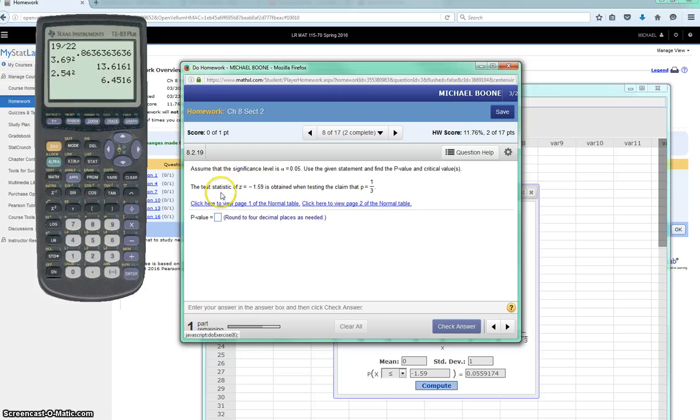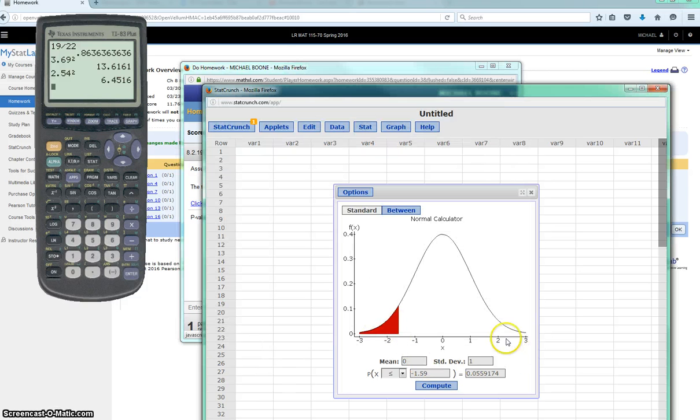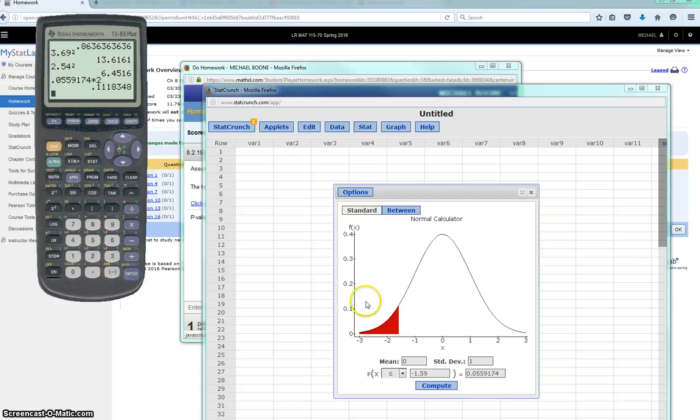Now, calculating p-values off of a test statistic sometimes can be a little nutty. If this is a not equal to alternative hypothesis, then we actually have to calculate the area to the left and the area to the right. So if I take that number, 0.0559174, and I double it, because I'm going to have the same amount of area on the right side in a not equal to.